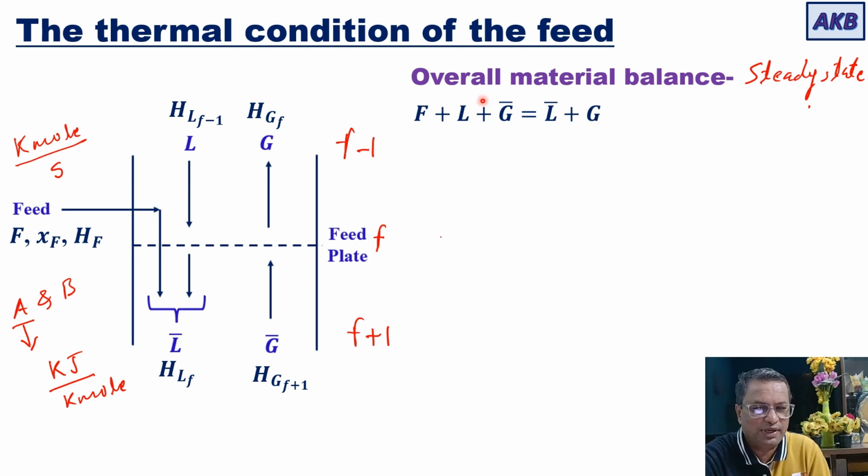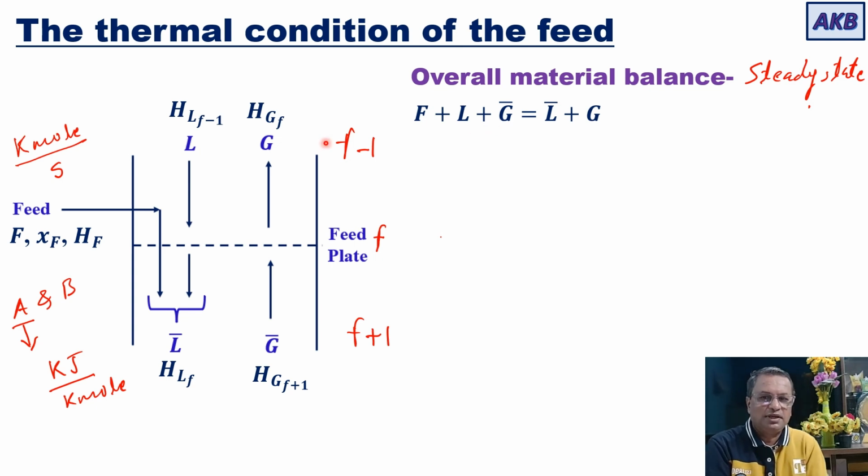So we are writing the overall material balance across the feed plate. If you look at the feed plate, which material streams are coming to it? One is the feed, the other is the liquid coming from the rectifying section, and then the vapor stream coming from the stripping section. Accordingly, the input will be F plus L plus G bar.